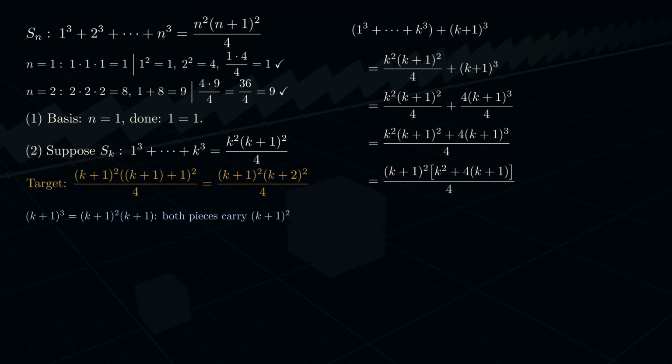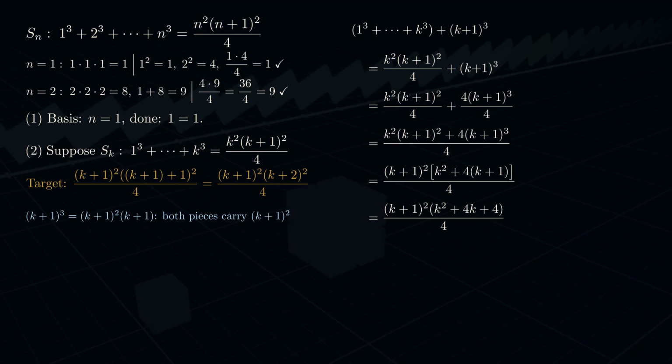Pull it out: k plus 1 squared times the quantity k squared plus 4 times k plus 1. Tidy the inside. 4 times k plus 1 is 4k plus 4. So, k squared plus 4k plus 4.